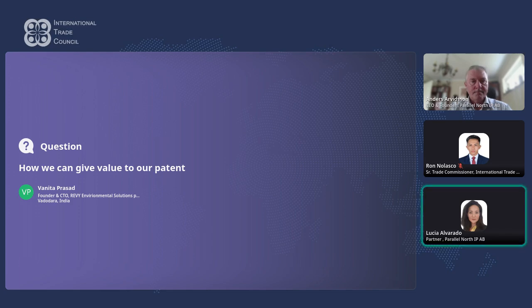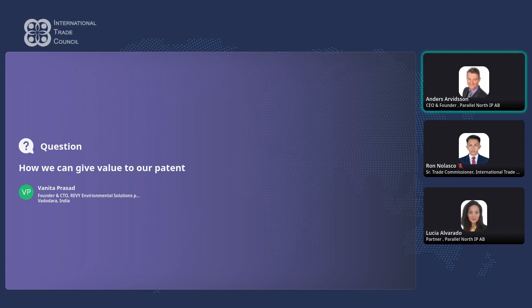Okay, so how can you give value? So adding more value to an existing asset. Well, the patent is only what is stated in the claims. So that is what your patent covers and what you can monetize, and the value is based on that. What can add value on top of it?